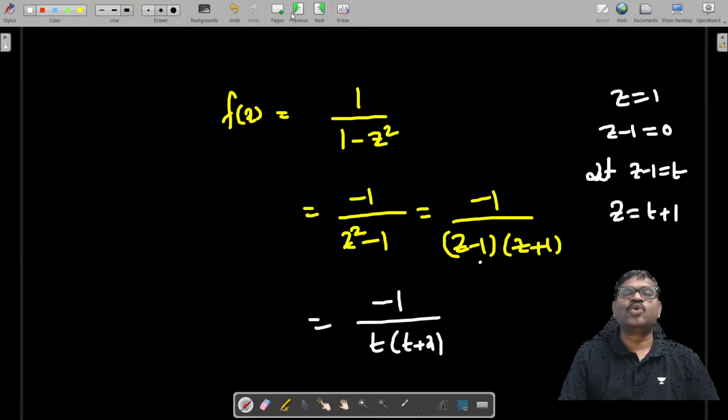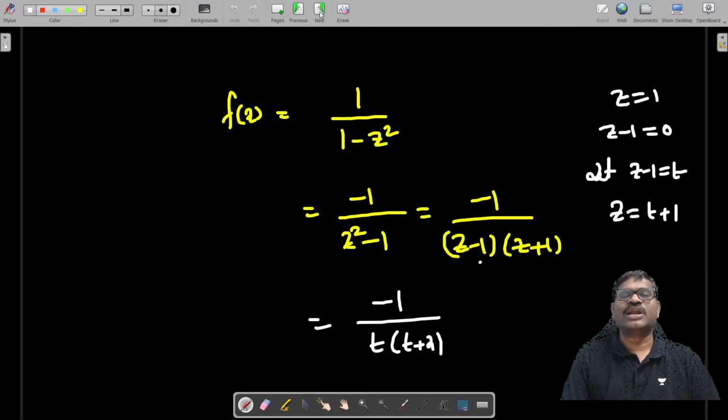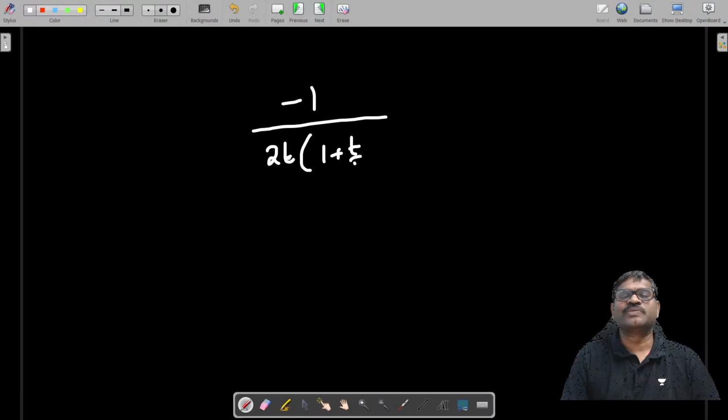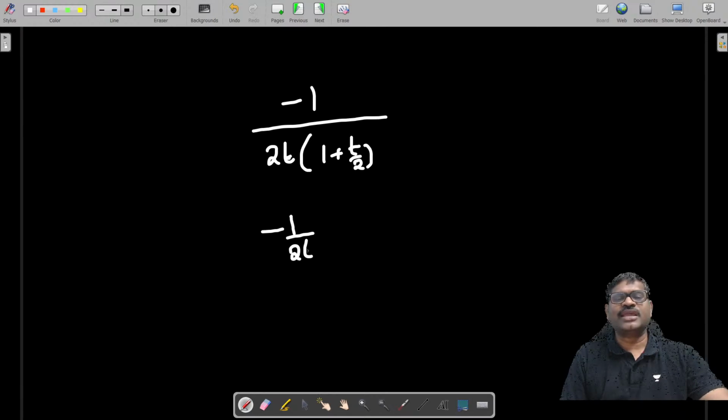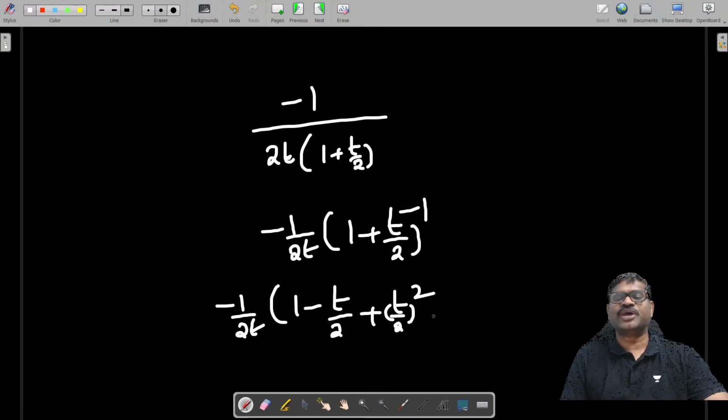Now take 2 common in the denominator. Minus 1 by 2t of 1 plus t by 2, that is minus 1 by 2t into (1 plus t by 2) whole inverse. That is 1 minus t by 2 plus (t by 2) whole square minus (t by 2) whole cube and so on.